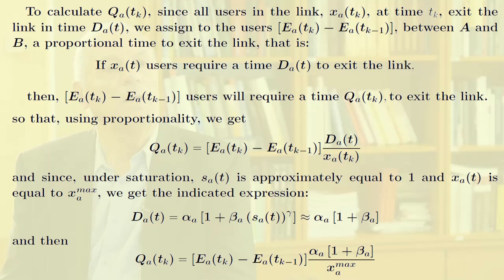Since, under saturation, s_a of t is approximately equal to 1 and x_a of t is equal to x_a max, we get the indicated expressions for d_a of t, which takes as an approximate value alpha_a times (1 plus beta_a), and then we get the indicated final expression for q_a of t_k. This justifies the selected formula for q_a of t_k.